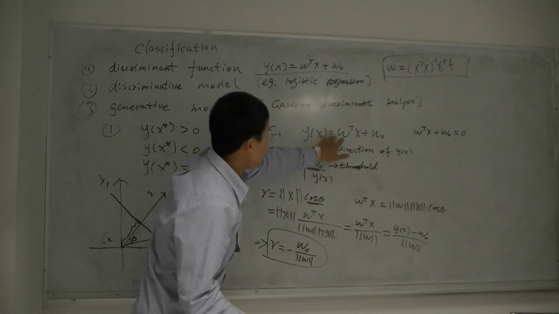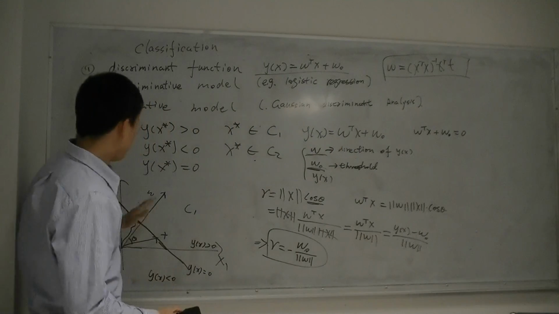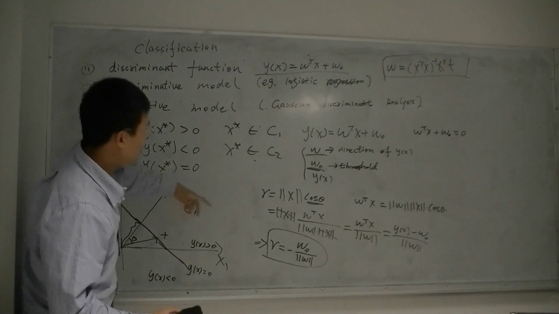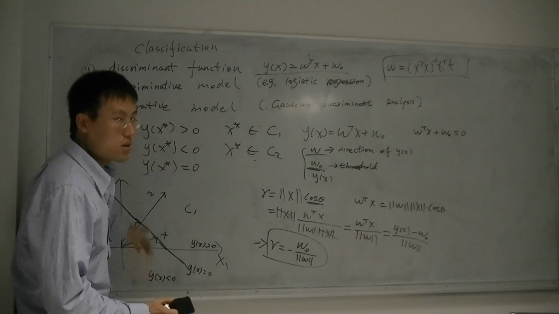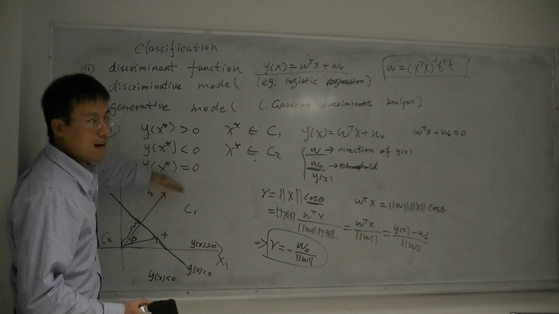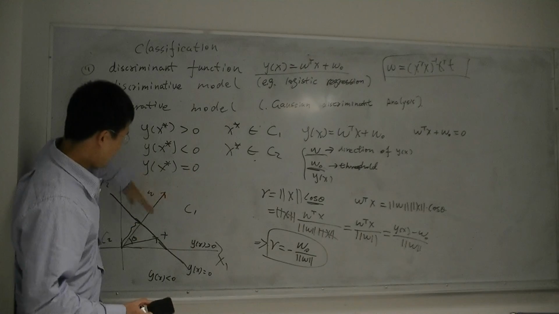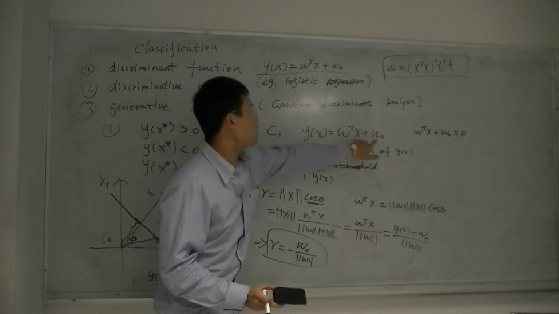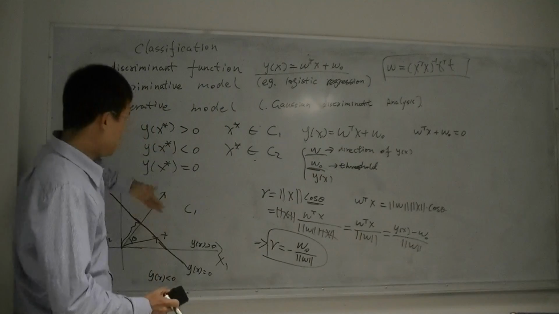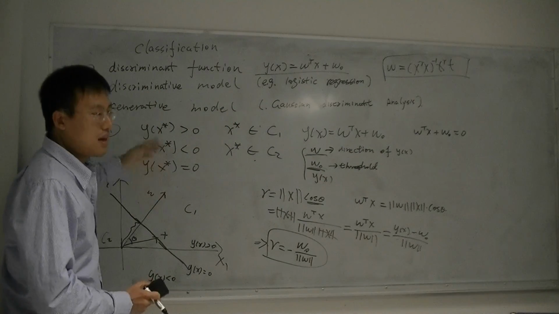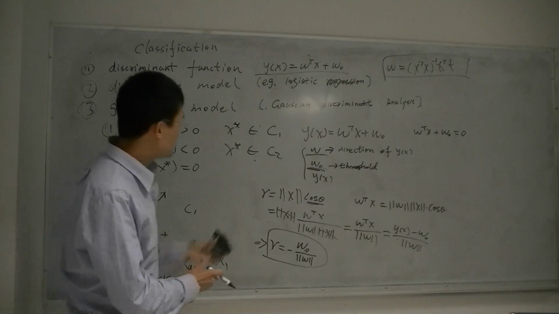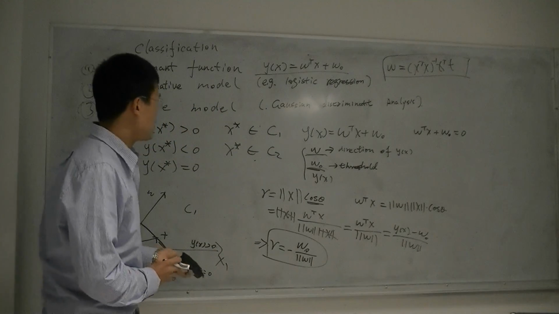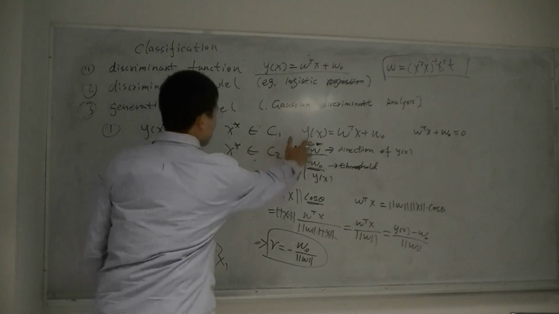We can change omega to change the direction of the classification boundary, and change omega 0 to change the bias and how far the classification boundary is away from the origin. So by controlling both parameters, we can adjust the classification boundary. So this is the geometric interpretation of these two parameters.